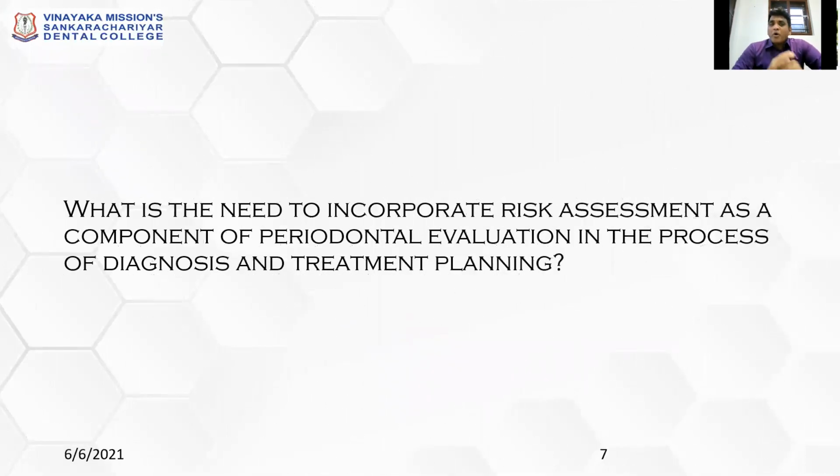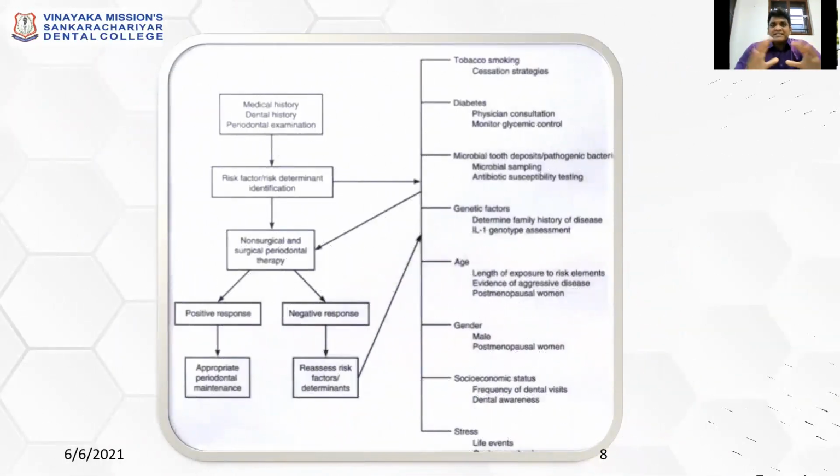So what is the need to incorporate risk assessment in your periodontal charting, in the evaluation process for diagnosis and treatment plan? Why is it vital? Why is risk assessment essential? This is a simple flow chart which we normally follow when a patient enters a dental clinic.